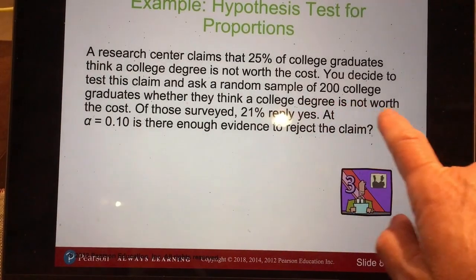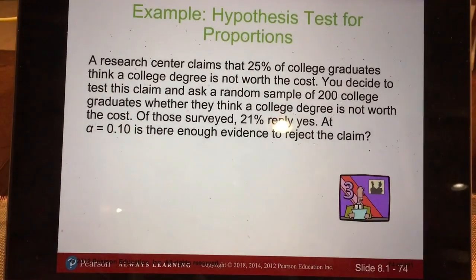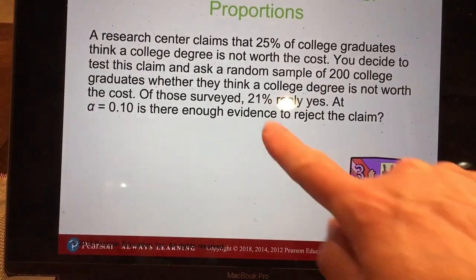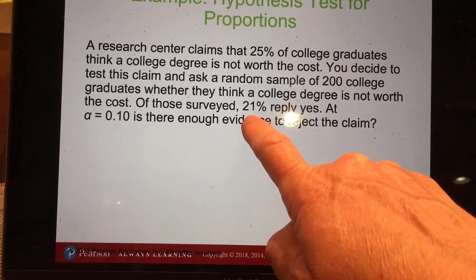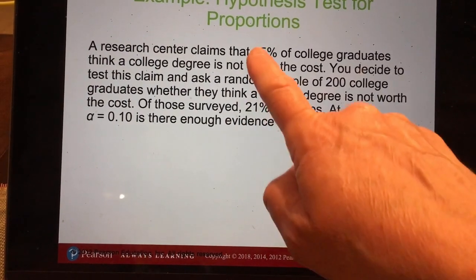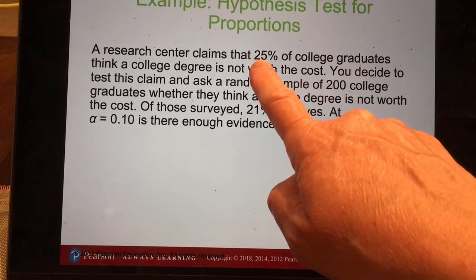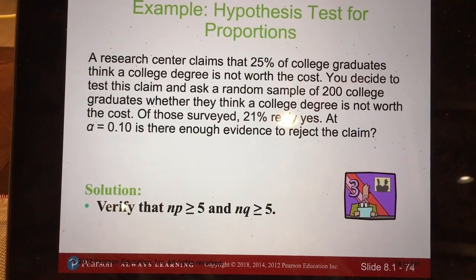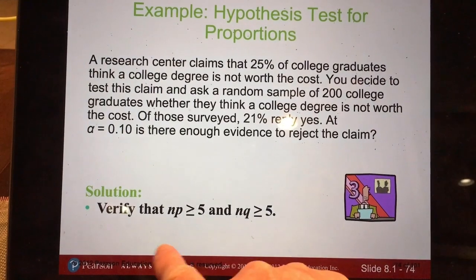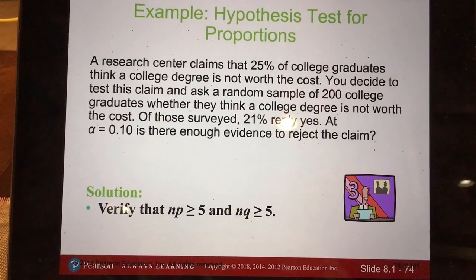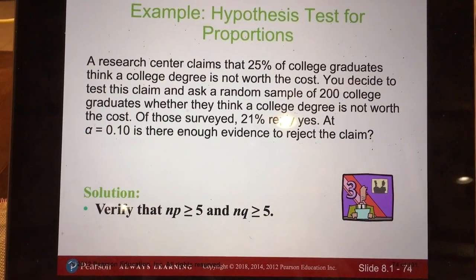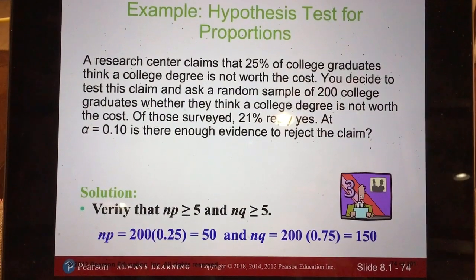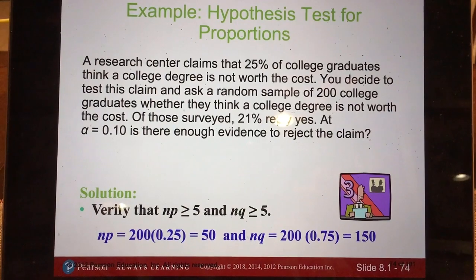They do not think that the college degree is worth the cost. So this would be your p hat, and this would be the p that you're testing here. First, we verify that we can use the standard normal distribution. This is binomial, but it meets the qualifications because we get a 50 and a 150.